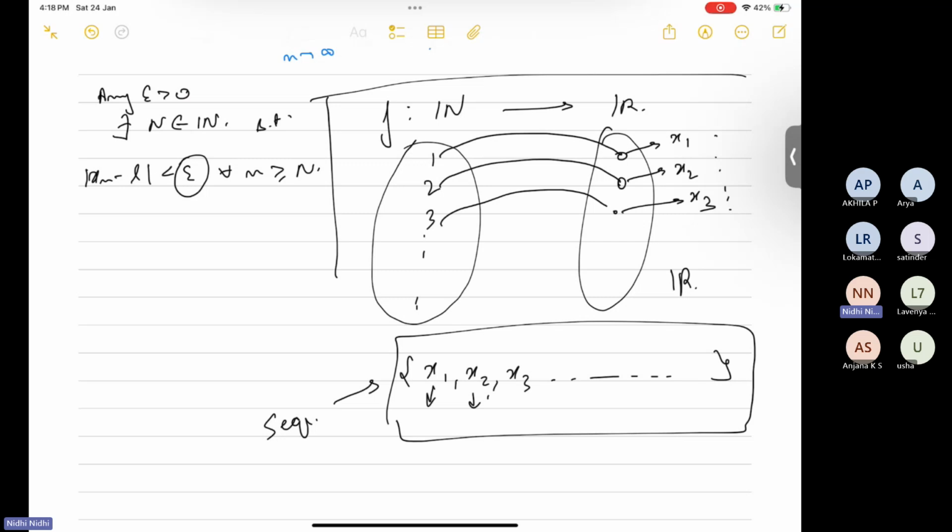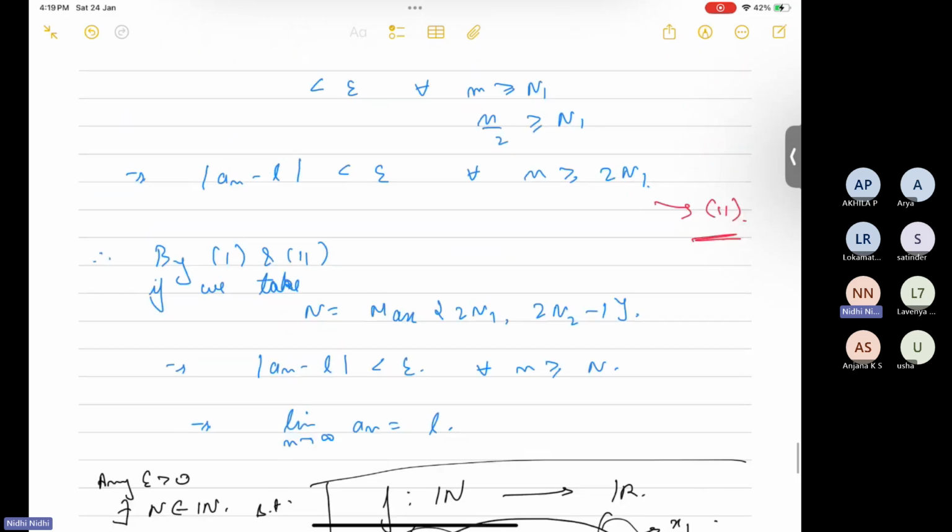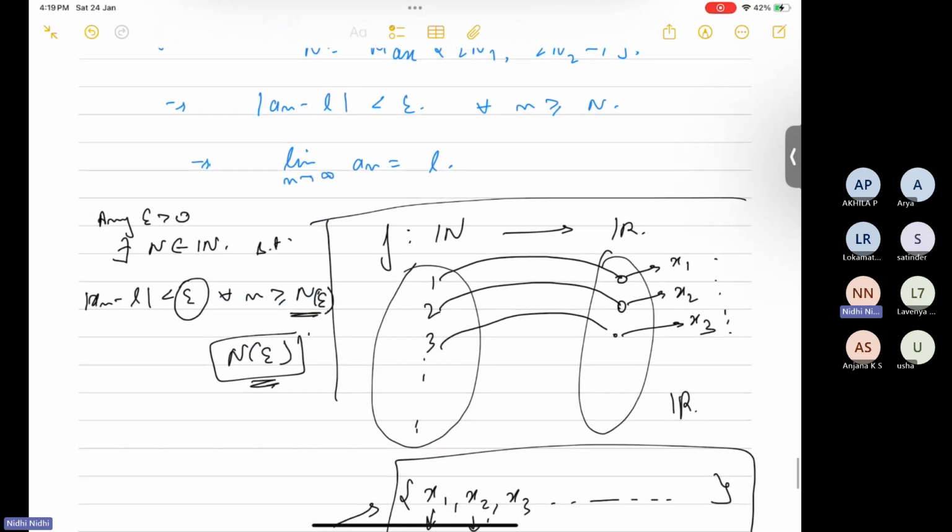The important thing is that corresponding to any epsilon positive, I should be able to find a stage. That stage will differ, obviously depending on epsilon. We call this N a function of epsilon as well. This eventually comes in terms of epsilon. For example, when we proved the sequence of irrationals, there was a relation between n and epsilon, that n was coming using the epsilon and the Archimedean property. So this epsilon can be any positive real number.